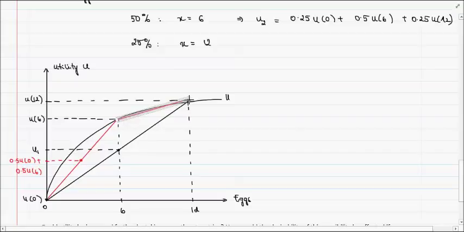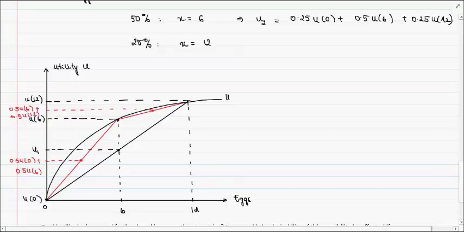Alright, what I do is I just have to adjust this. Okay, so if I connect these 2 points together and I get the midpoint between these 2 points. Alright, now I know that this midpoint over here is just going to be halfway between u6 and u12. Okay, so this is half of u6 plus half of u12.